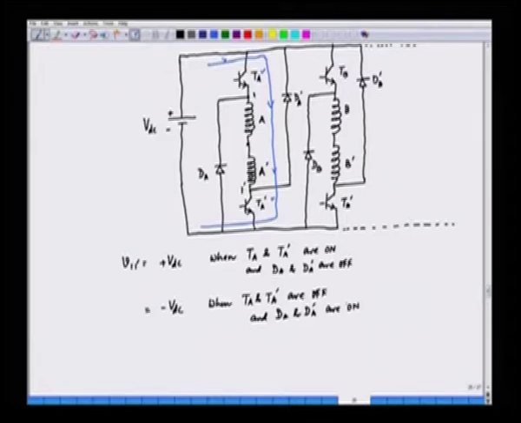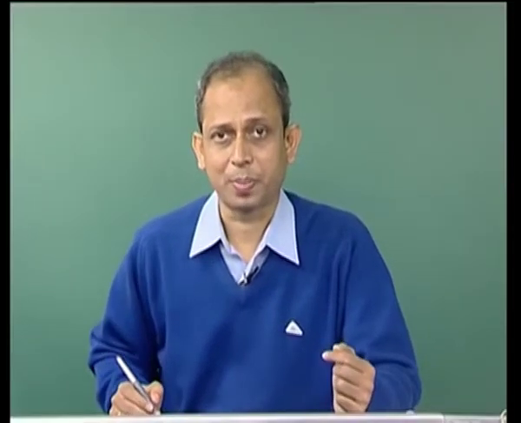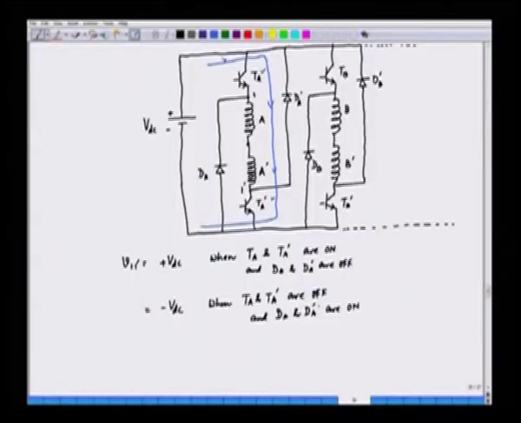Now, if TA and TA prime are turned off, what happens? The current path will not be through the transistor. So, we can remove this path of the current, but the current through the inductor or the phase windings is still present. So, the current through the phase windings will be there.